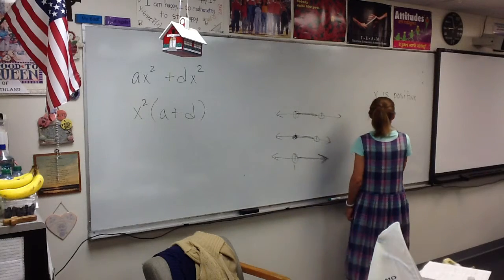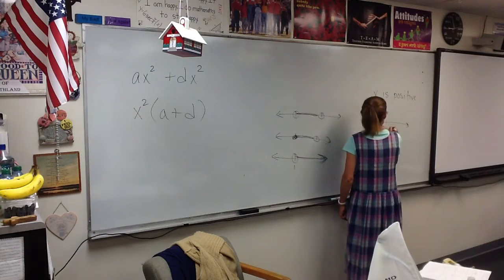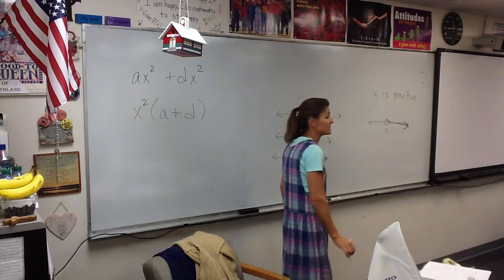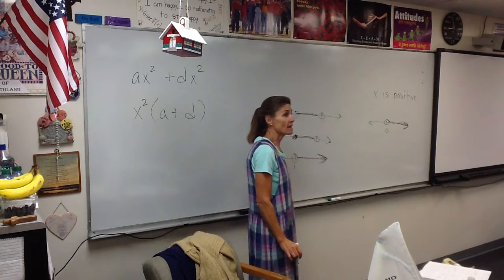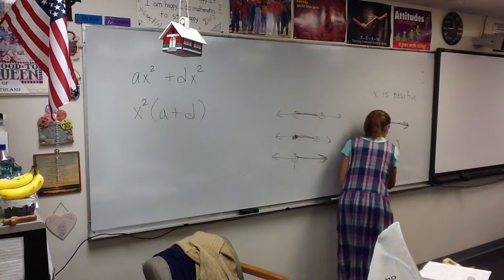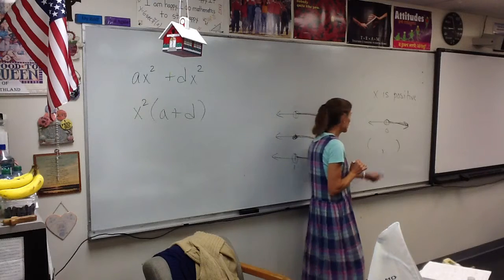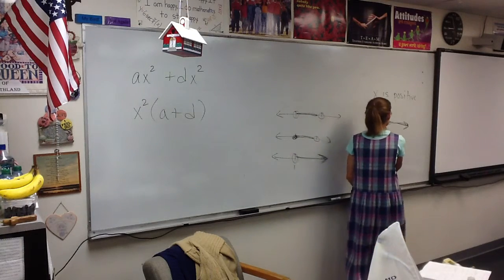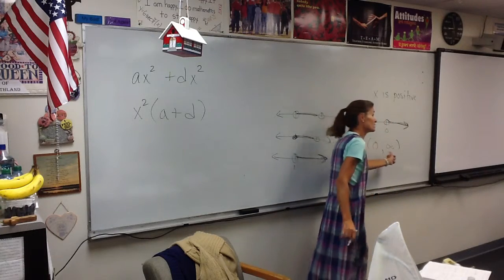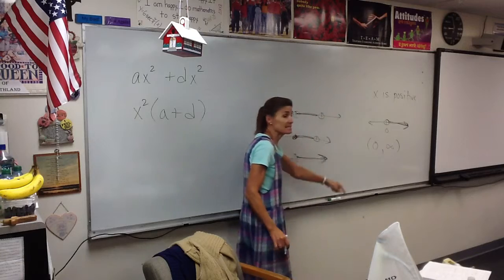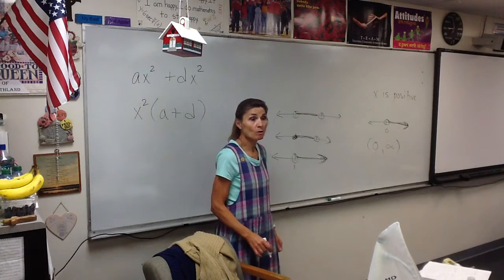So if I have to use interval notation to describe greater than 0, how do I do that? Interval notation. What's going to go here? I did 0, comma, infinity. You did right. Open on both ends, right? Perfect. That's it. That's the interval from 0 to infinity.